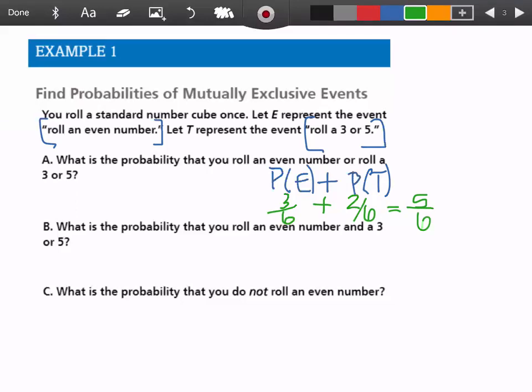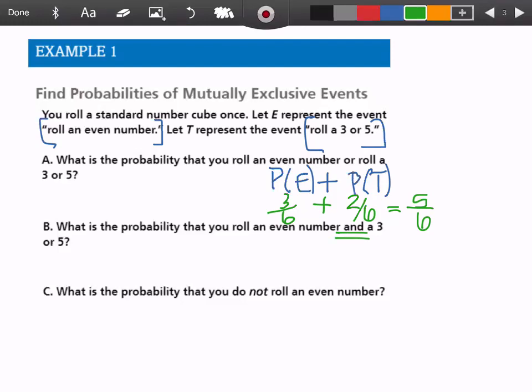What is the probability that you roll an even number and a 3 or a 5? So think about that. Rolling an even number means that you rolled a 2, a 4, or a 6. Can you roll a 2, a 4, or a 6 and a 3 at the same time? Or roll a 2, 4, or 6 and then a 5 at the same time?